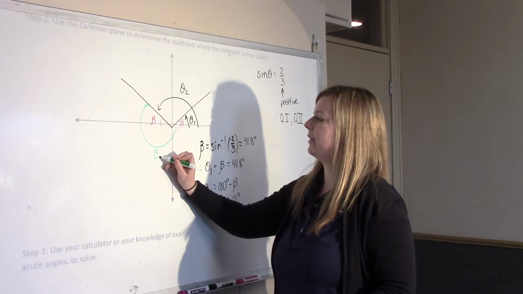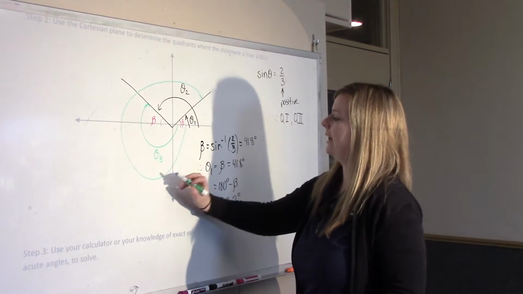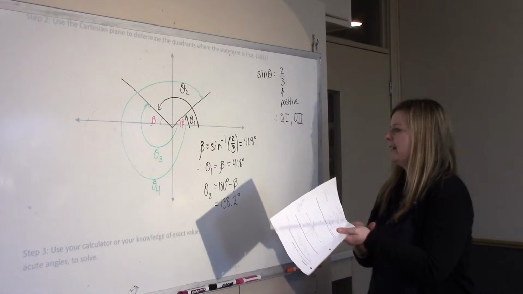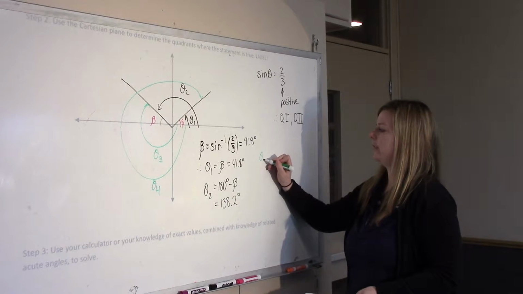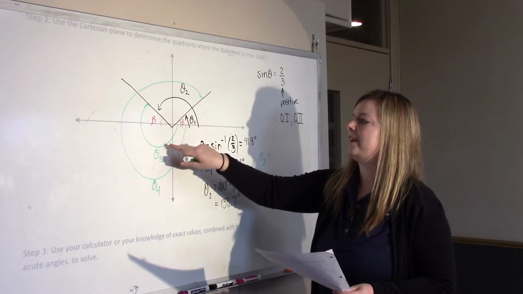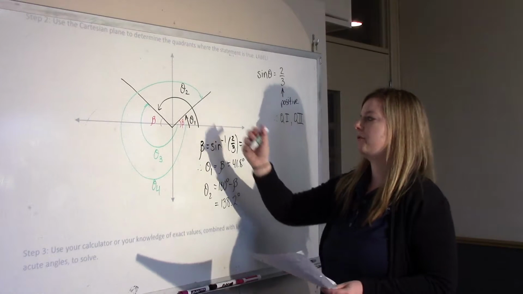Okay, so this is theta 3, and that's theta 4, okay? So theta 3 is equal to, here we go, -180 plus beta, or minus beta, like we're going even further negative.